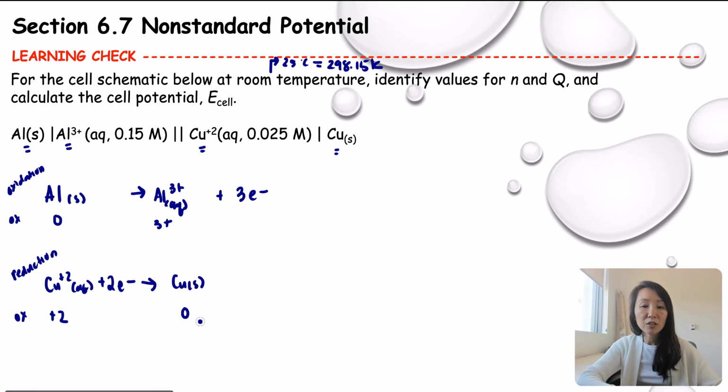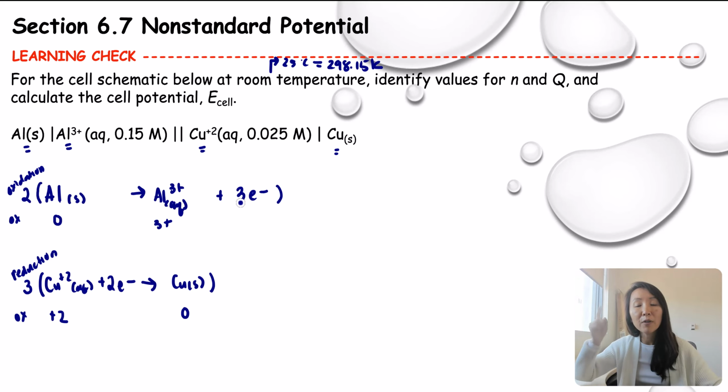Now, the electrons in the oxidation and reduction are not the same number, so we need to balance them by multiplying this whole thing by 2 and this whole thing by 3, so that the electrons exactly cancel out. Let's redo this in a different pen color.